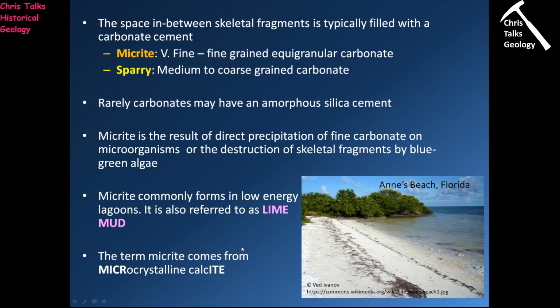You can also form micrite when you have microorganisms, so small organisms, which will actually burrow through bits of shell. So if you've ever looked at an oyster shell, you'll know that an oyster shell consists of layer after layer after layer of calcium carbonate. Now, as those layers are being added to the shell, small bits of organic material will get caught between the layers.